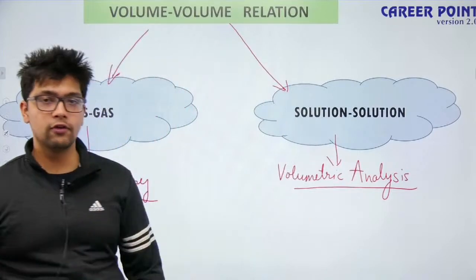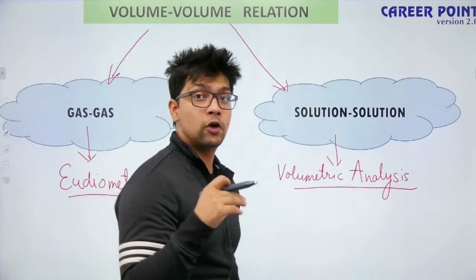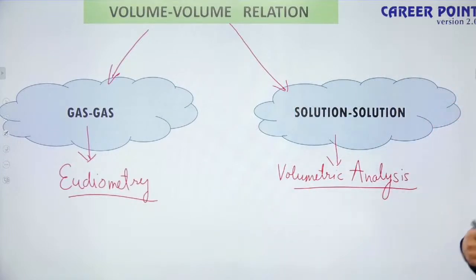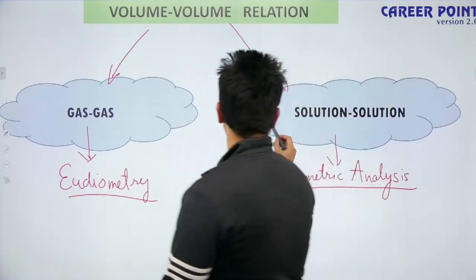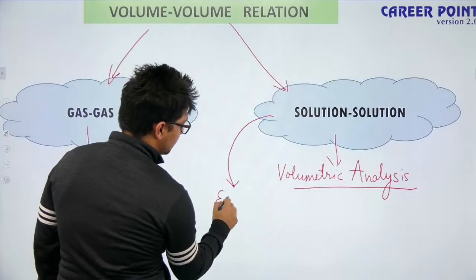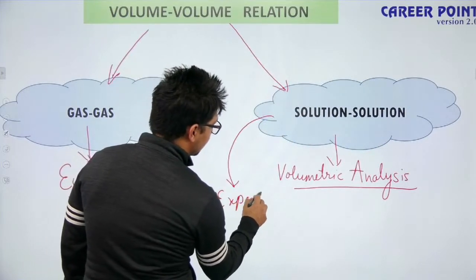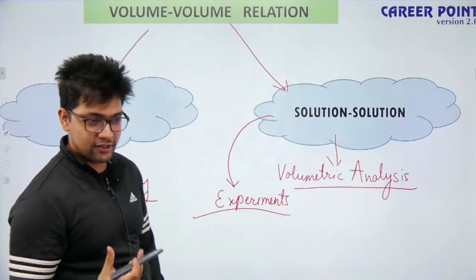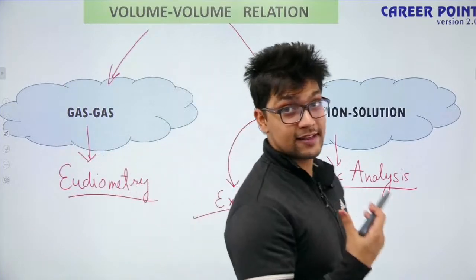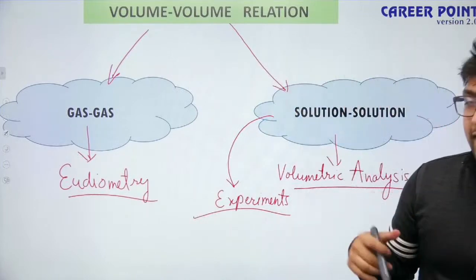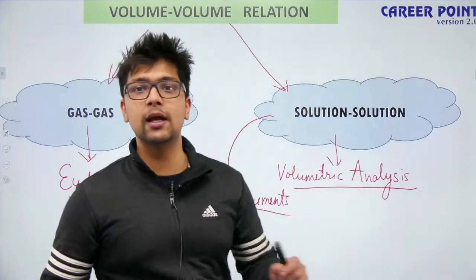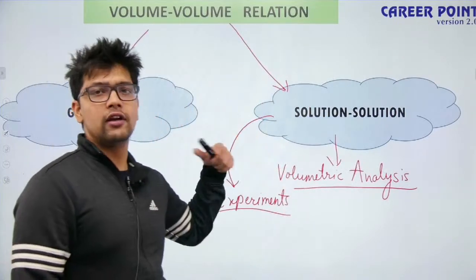We will learn about both of these because questions have been asked on this particular concept again and again, and this is how you do your experiments in your lab. This is the experimental part. I think right now you guys do not have access to the labs, but once they open, when you enter the chemistry lab, you will do these types of experiments.